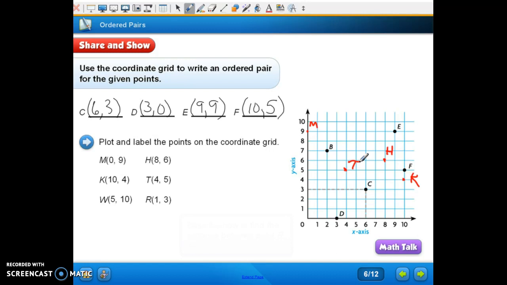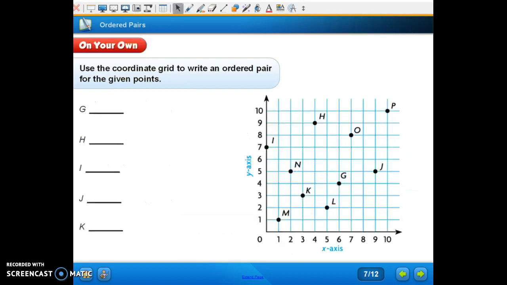W. Across 5 and up to 10. And that is labeled W. And Camry, the last one, R. Over 1, up 3. And that's R.